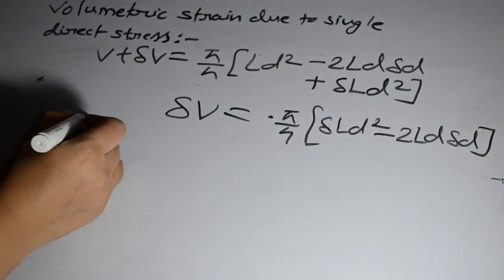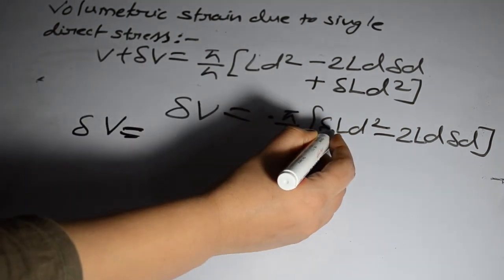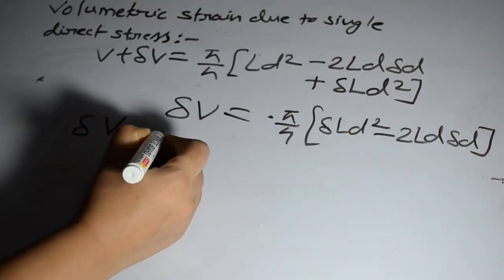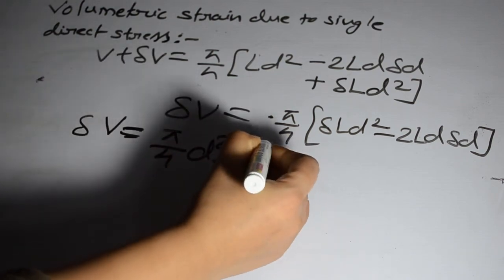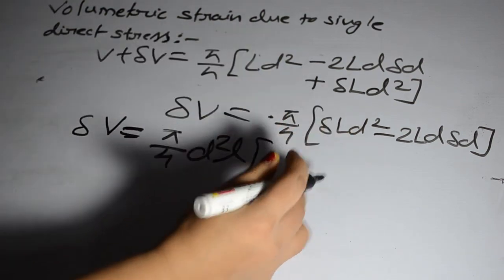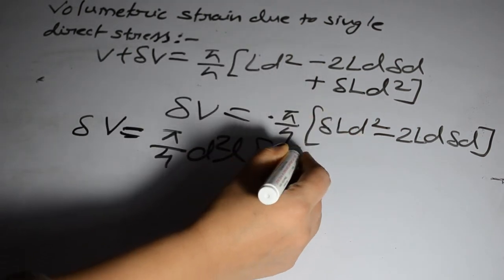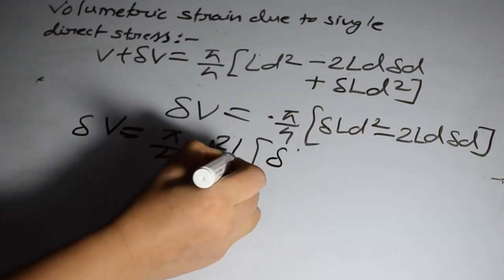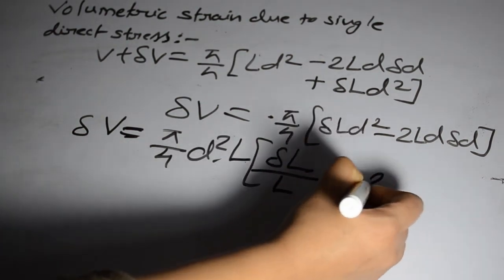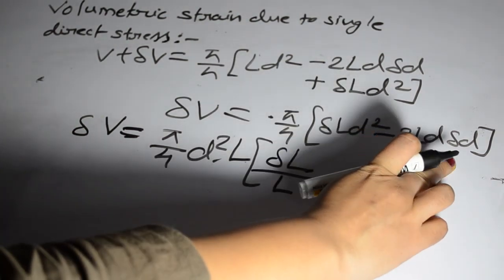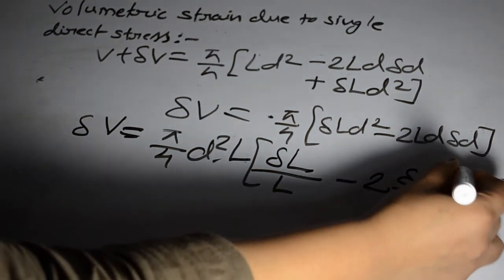So if we further simplify this, delta V equal to, if we take common pi by 4 d square L from this bracket, then the rest of the equation will be delta L by L minus 2 delta d by d.